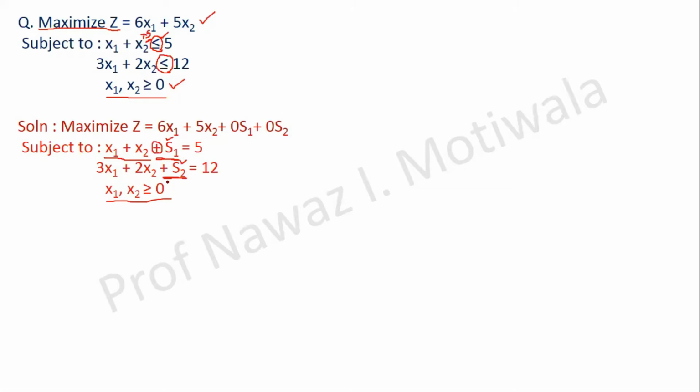We have to count these in the objective function also. So I have simply added s1 and s2 in the objective function with a coefficient 0. Why 0? Because it will not affect the solution. It was just to convert a non-equality into equality.